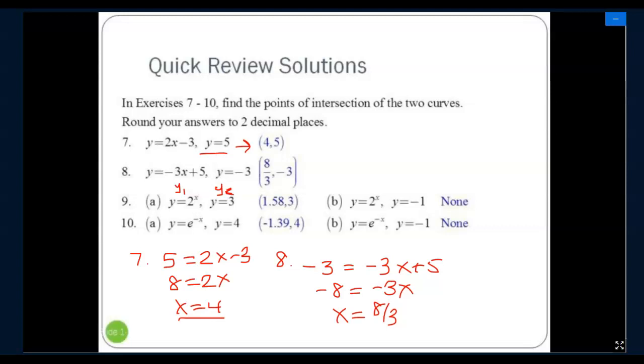And again, we know that B are none because the domain of y equals 2 to the x is all reals. However, the range of y equals 2 to the x is 0 to infinity because you cannot plug any number in for the exponent on 2 and get a negative value.